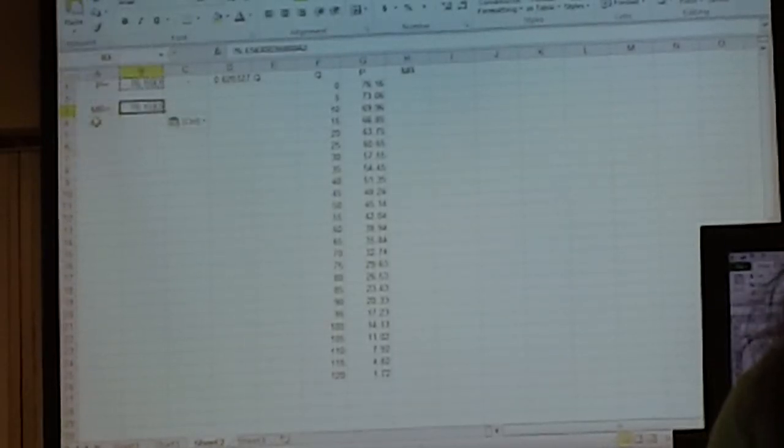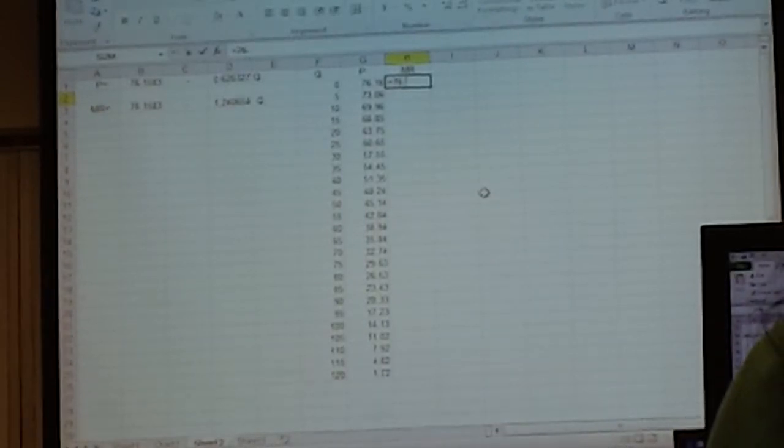This remains the same. And here we put equals 2 times that. And that's your marginal revenue, right?